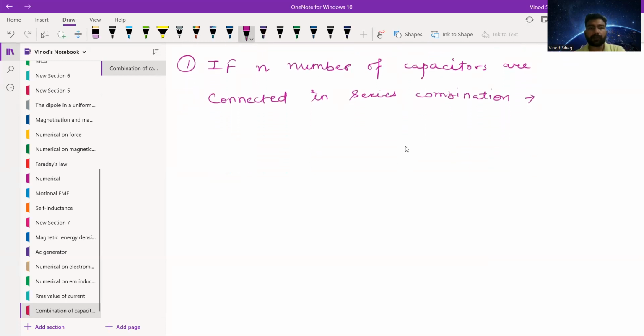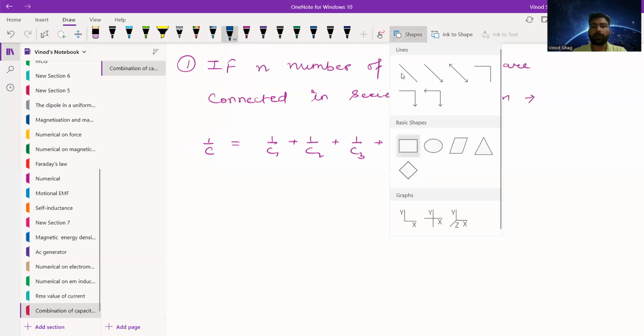Okay, then the equation will be 1 upon C equals 1 upon C1 plus 1 upon C2 plus 1 upon C3 plus, and so on, up to 1 upon Cn. So that's how the equation will look.